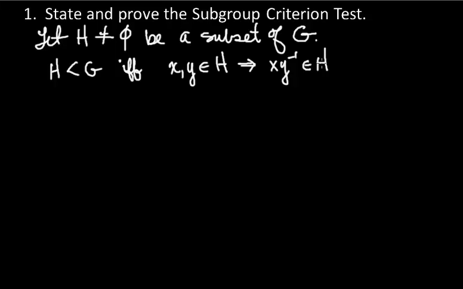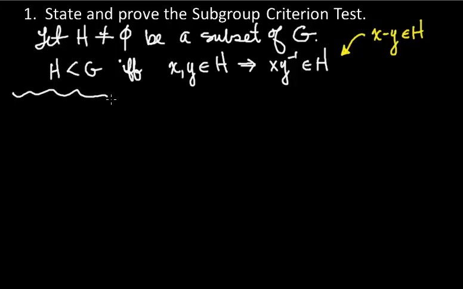Now, if the operation happens to be addition, matrix addition, addition of real numbers, then we would write X minus Y is in H if the operation in G is addition.